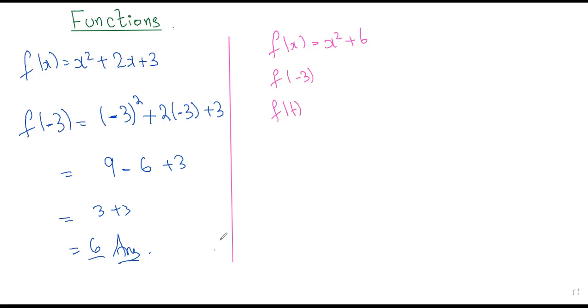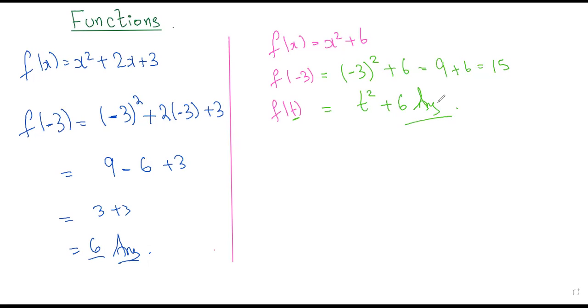So again, f of minus 3 means the only difference is I will plug in minus 3 instead of x. So square of any negative number is positive. Minus 3 square would be 9 plus 6, that is 15. And what about t? Instead of x, I will have t now. So t square plus 6, and this is the answer, right? That is it. Okay, that is good.